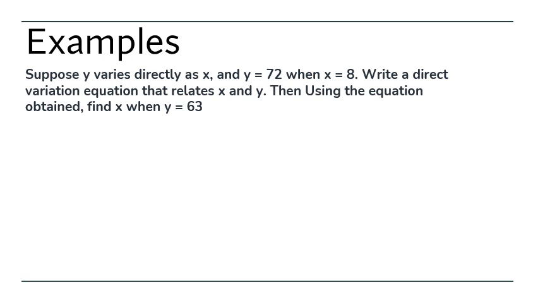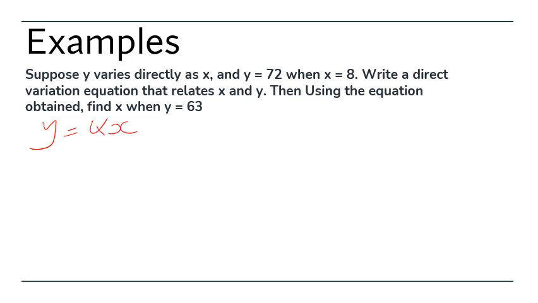Then after that, we are going to use that equation to find the value of x when y is equal to 63. In this case, the first thing to note is that it is a direct variation, so we know the equation of direct variation is y equals kx.